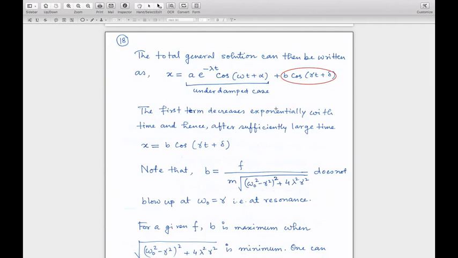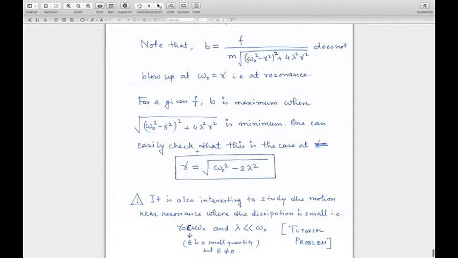Basically we can also call this a resonance for damped forced oscillation. No problem in calling that resonance here too, but the thing is that the solution is not blowing up any longer at resonance, because omega 0 equal to gamma just makes B equal to f by m times 2 gamma lambda.